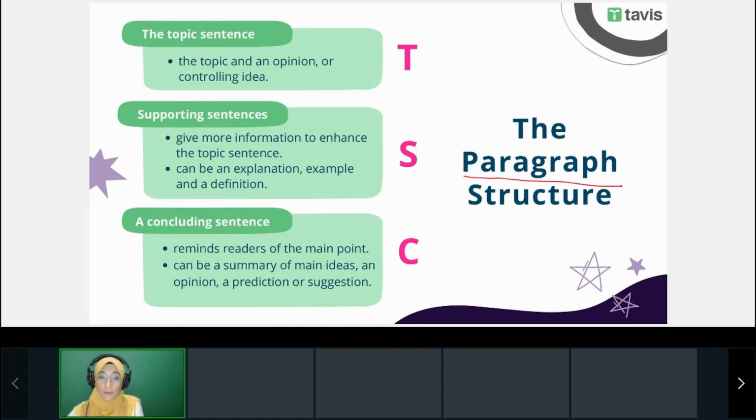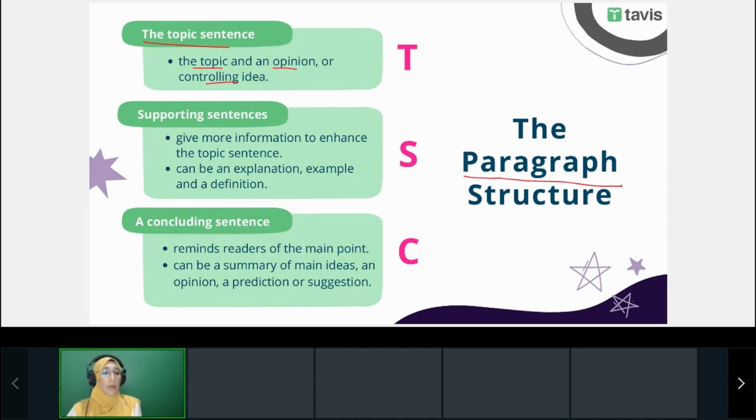What do we have in a topic sentence, teacher? What do we need? We need a topic. We need to introduce the topic first, and then you can put either your opinion or we can call it the controlling idea, where it's considered an explanation of the topic.